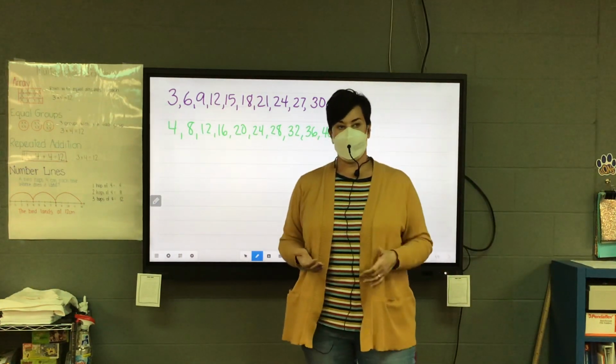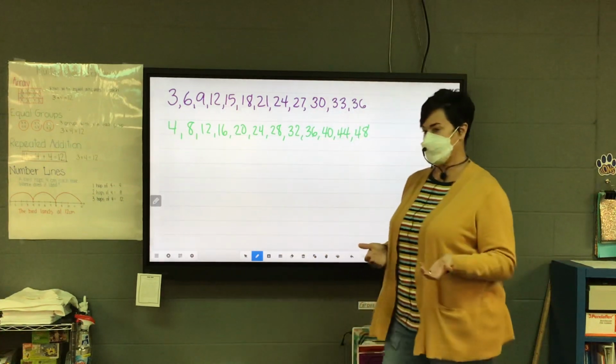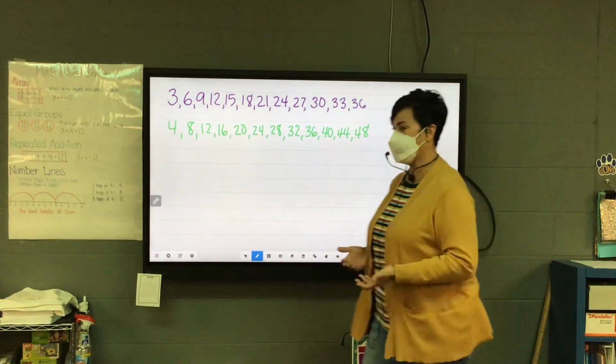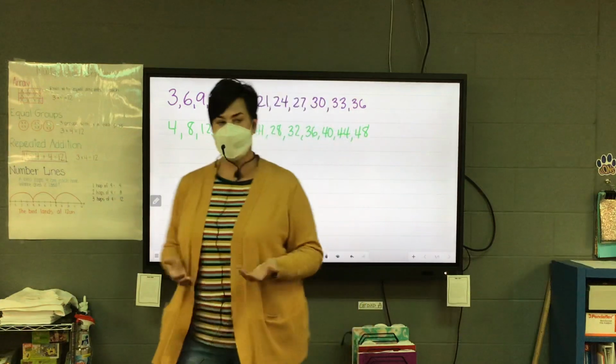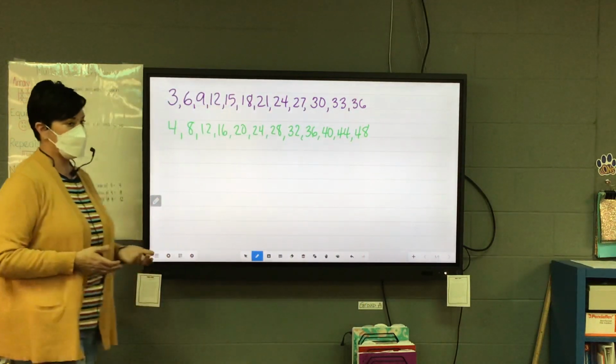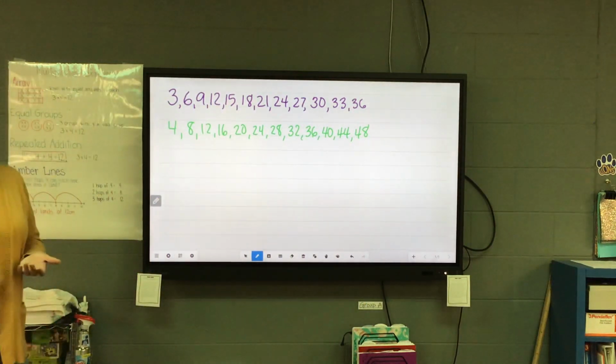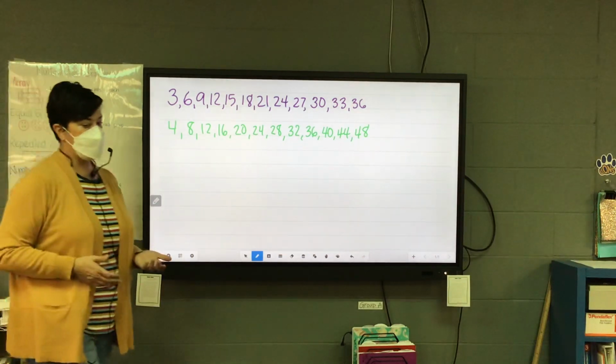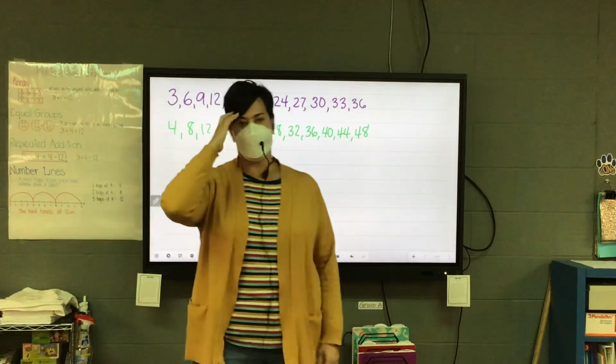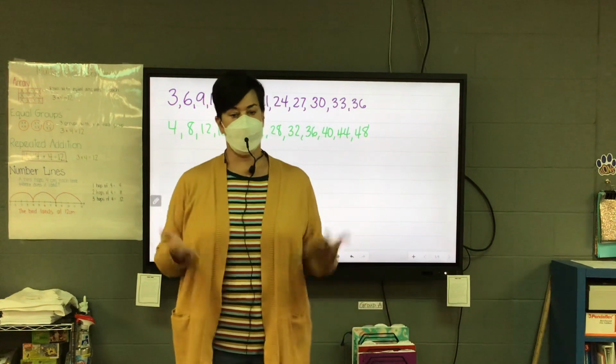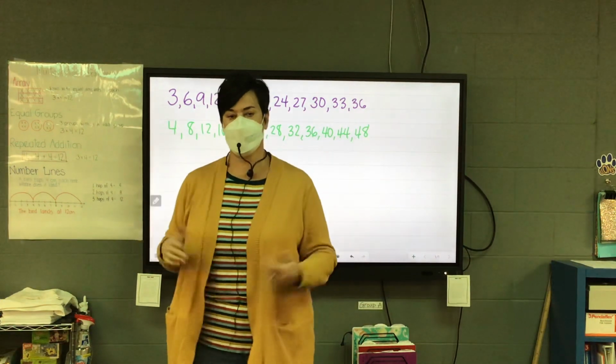Let's skip count by our 4s all together. 4, 8, 12, 16, 20, 24, 28, 32, 36, 40, 44, 48. We're to the point where we have to just memorize these.